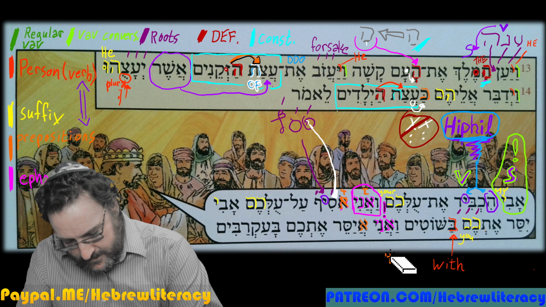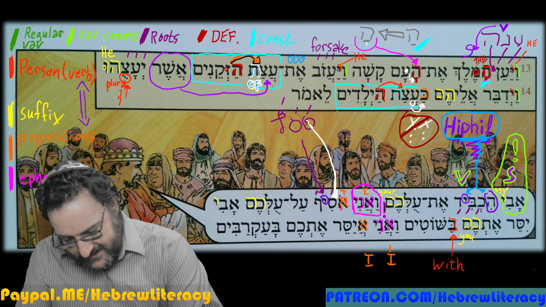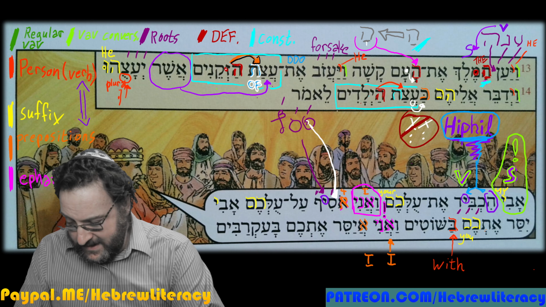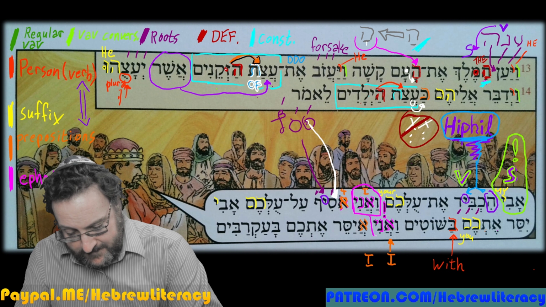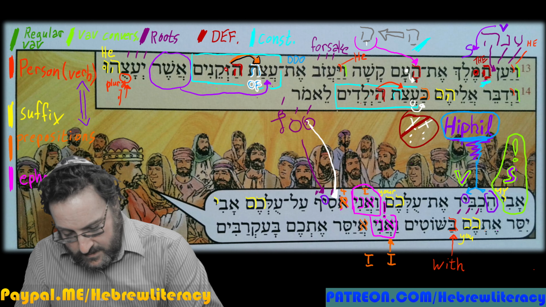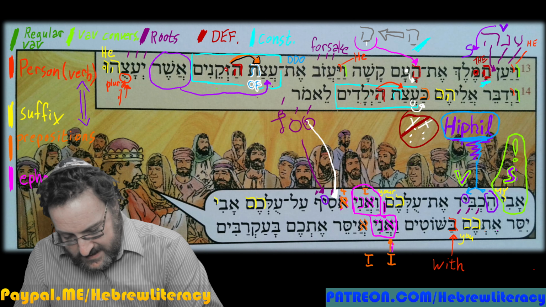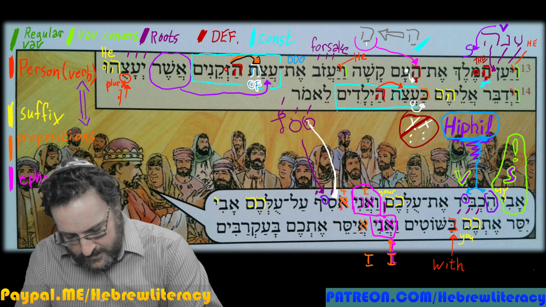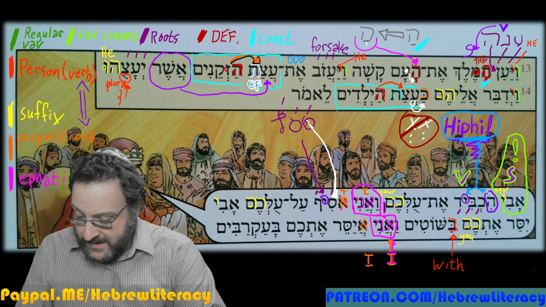I, I. See why it's emphatic, the first one? Doesn't need to be there for the plain meaning of it, right? So that's an emphatic. But I. So I myself, or but I.